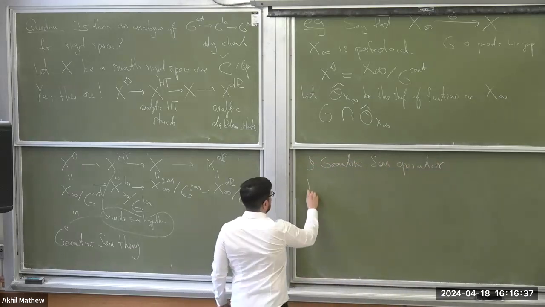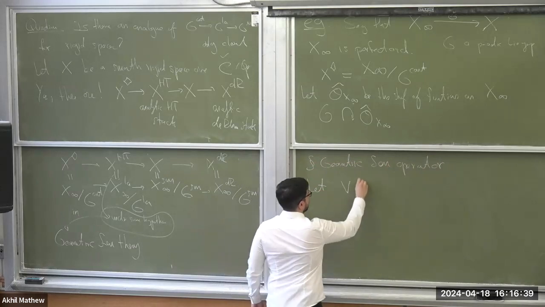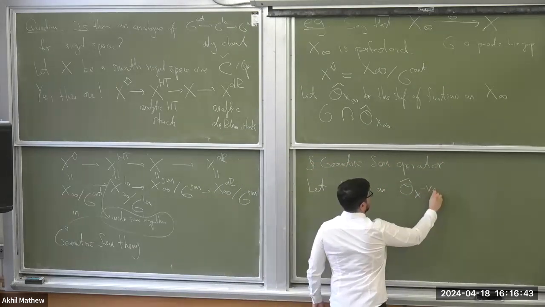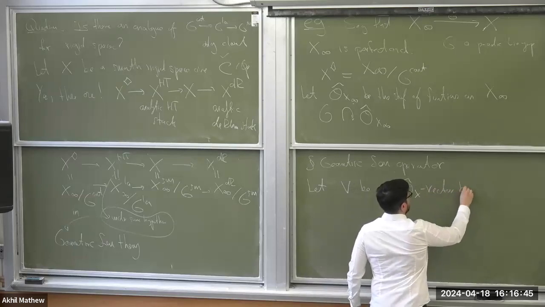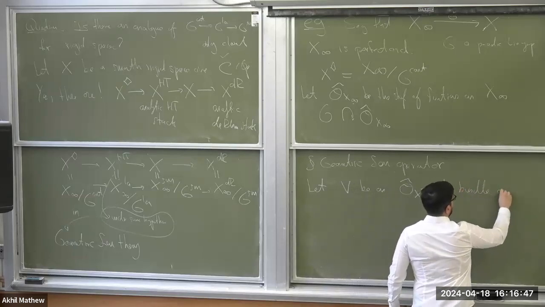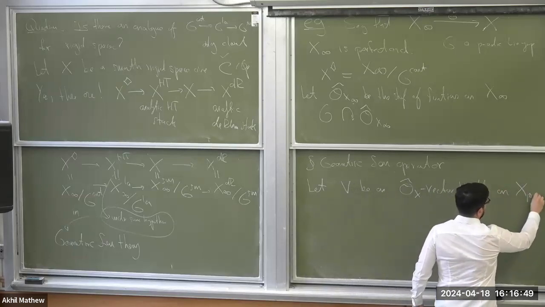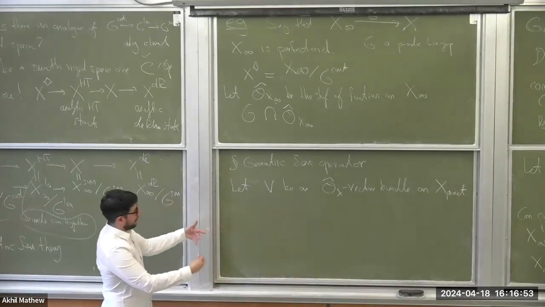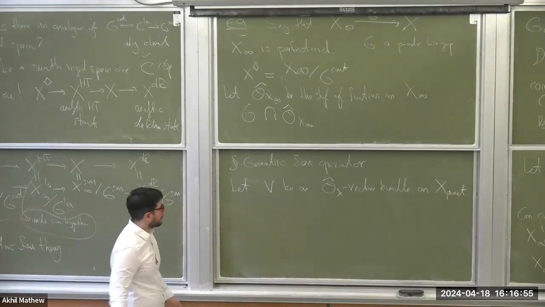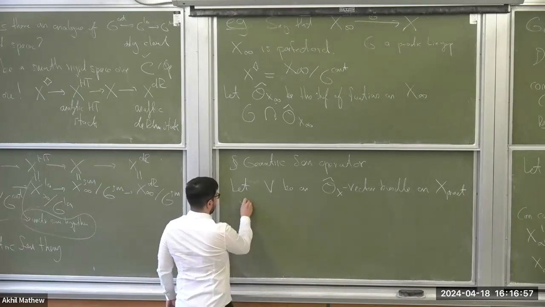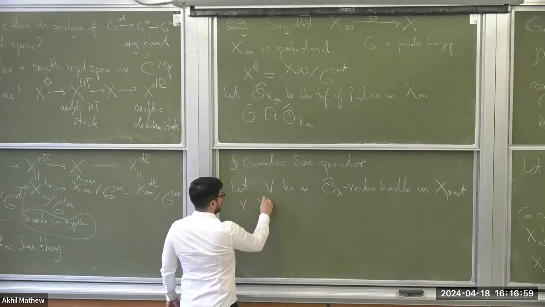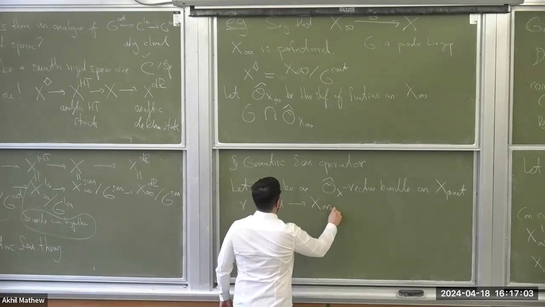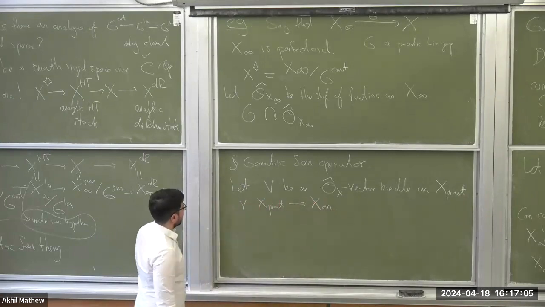Let me start with the Hodge-Tate period, the local system, which depends on the functors. Let me also take B sides.